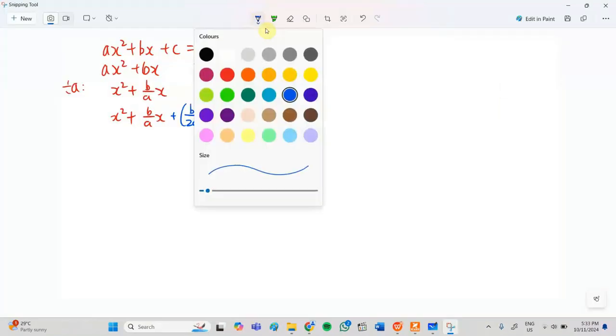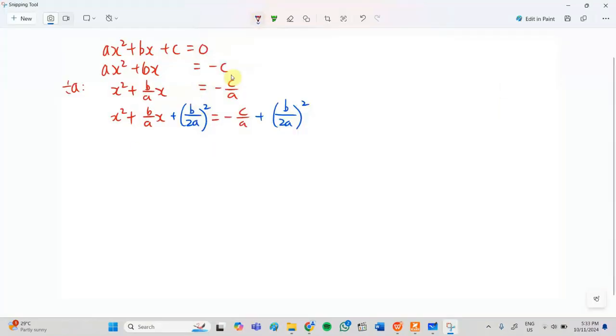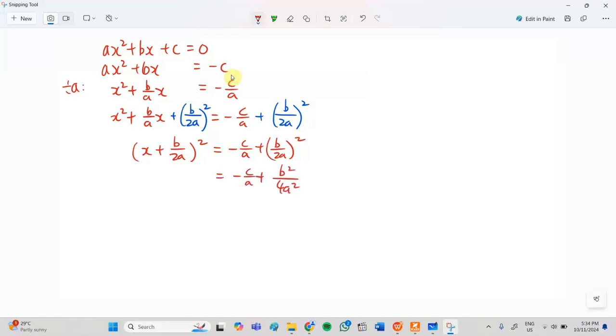And the next step will be filling in the brackets to the power of 2 here with this term and this. So it becomes x plus b over 2a, squared. For the right hand side, we try to simplify this. So it becomes negative c over a plus b squared over 4a squared.